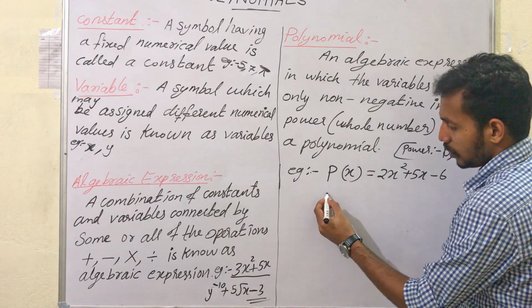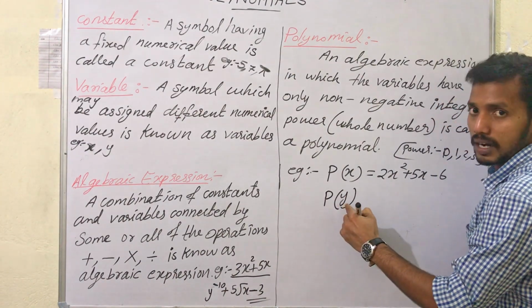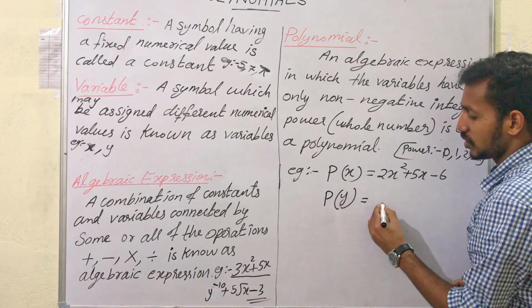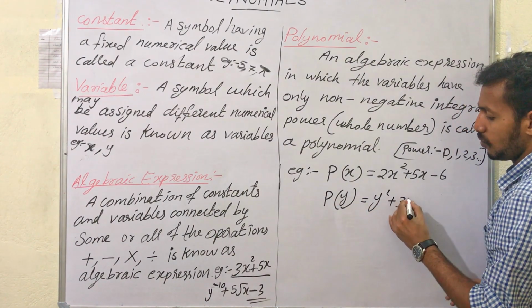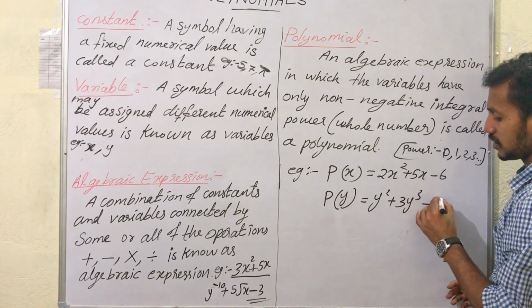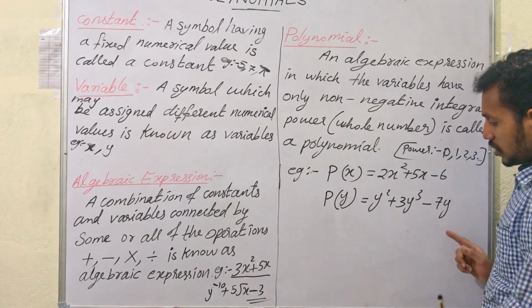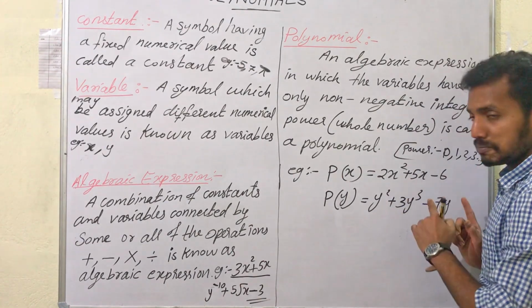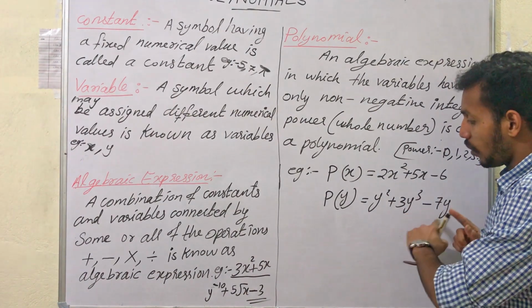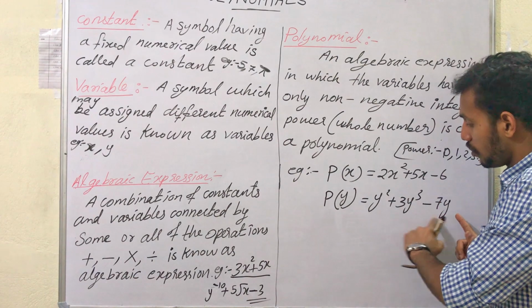We can write another polynomial, p of y, that means the polynomial in the variable y, which is equal to y square plus 3y cube minus 7y. In this chapter we are going to study only polynomials in one variable.